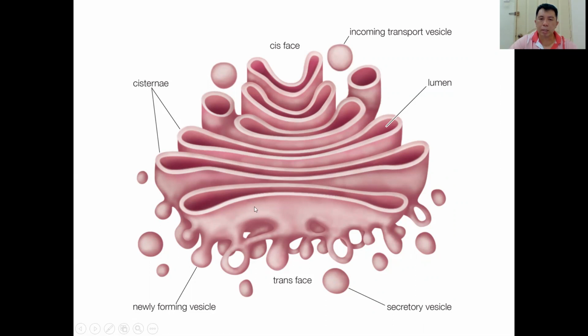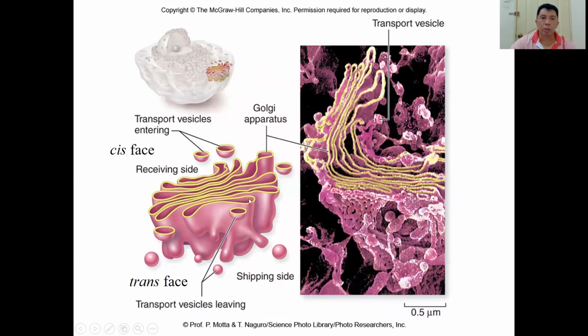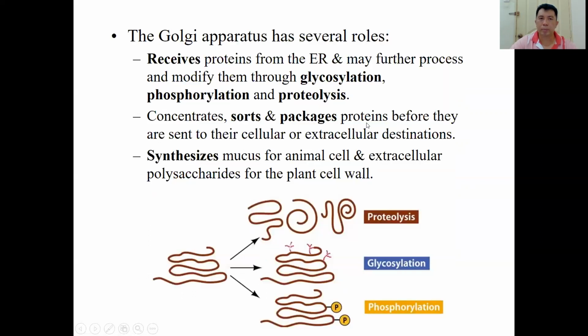Then here is the trans phase, where they're near to the plasma membrane and the place where the secretory vesicles are formed. Okay, so like here you can see, here's the nucleus, and then this part is the cis phase here. So cis phase, and then here is the trans phase, near to the plasma membrane.